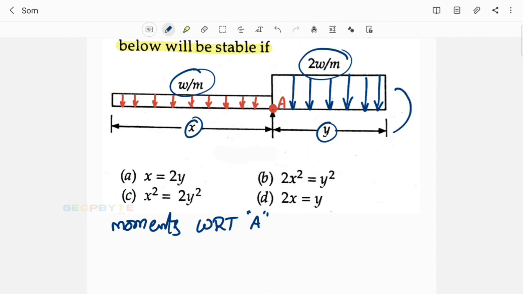This 2W is developing the clockwise moment. This one is developing the anti-clockwise moment. To have the equilibrium condition with respect to A, the sum of the clockwise moments must be equal to the anti-clockwise moments.